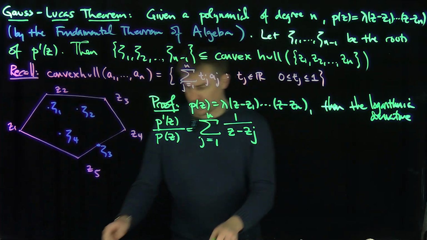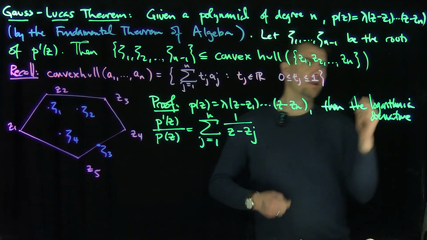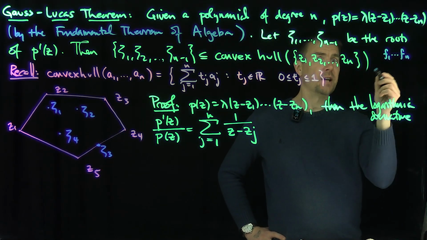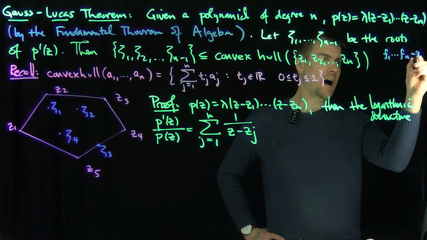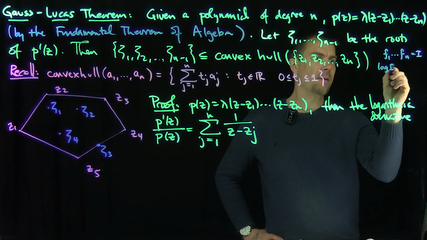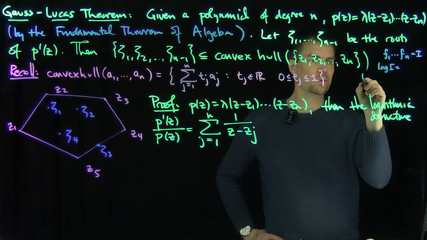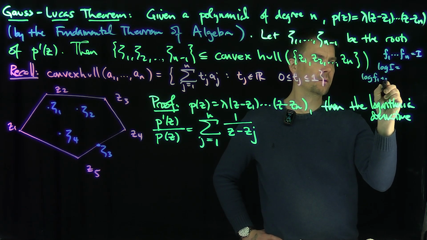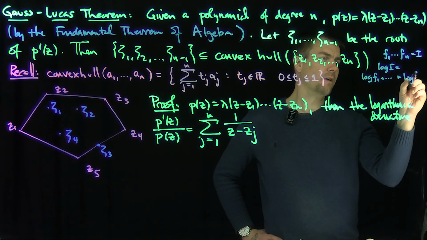So, of course, what's the idea? If I want to do a logarithmic derivative, say I have f1 through fn, take the log of this expression, call this expression I. Then the log of I is just the sum of the logs: the log of f1 down to the log of fn.